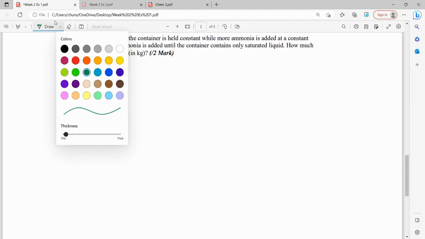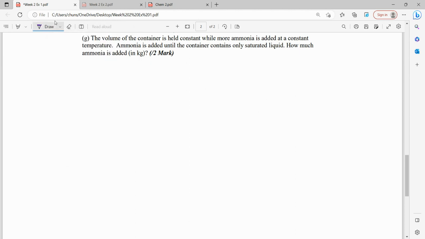Okay, volume of a container is held constant while more ammonia is added at a constant temperature. Ammonia is added until the container only contains saturated liquid. So how much ammonia is added in kilograms?